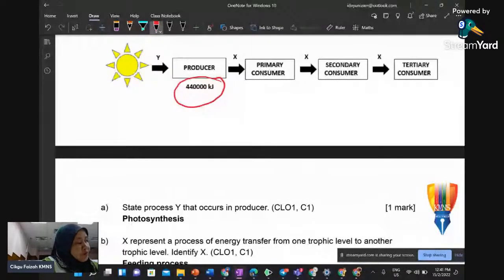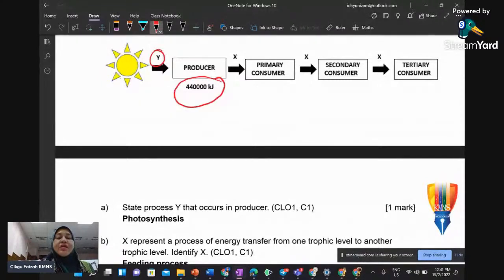Okay, so then soalan 2. Okay, so soalan tanya state process Y. So what is Y? Y is from sunlight to the producer. So obviously it is photosynthesis.